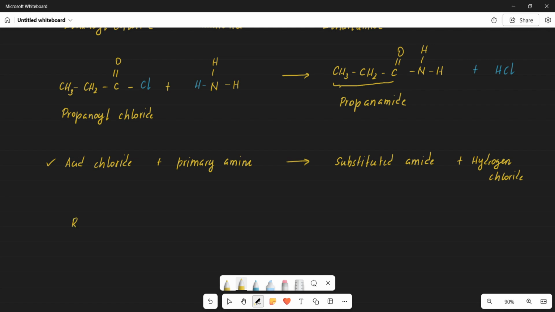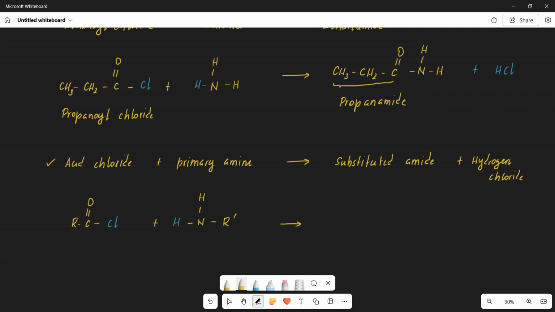So I know acid chloride is RC double bond O Cl. And I know primary amine. In the previous video we have seen the primary amine. So let me give the same color of hydrogen which is going to be removed. The primary amine will have an NH2 group with an alkyl group. Can be a different alkyl group.